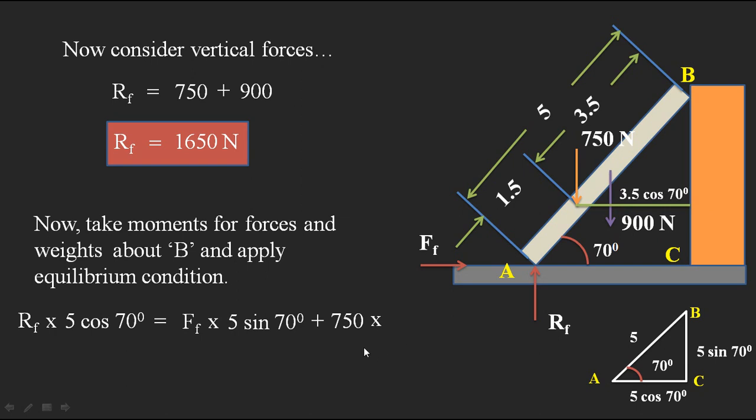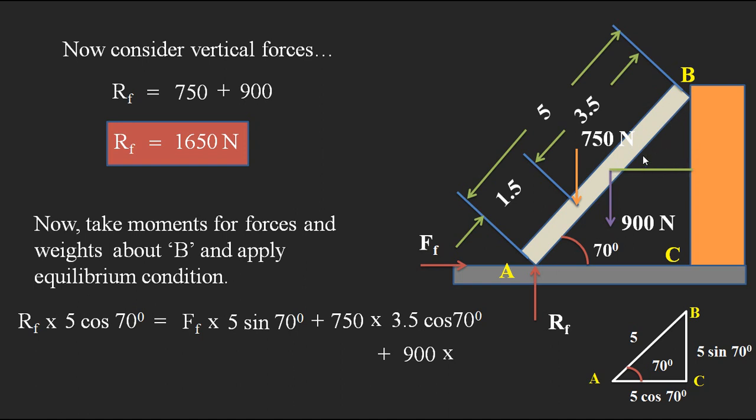So we have to multiply the perpendicular distance by 750. That is over, and plus the remaining weight. What is the remaining weight? The remaining weight is 900 newtons, and for the perpendicular distance, again if you draw a line perpendicular to the vertical line BC, the length of that line becomes the perpendicular distance. So that perpendicular distance, again we can write by considering a right angle triangle from B to the midpoint of the ladder to this required line here.